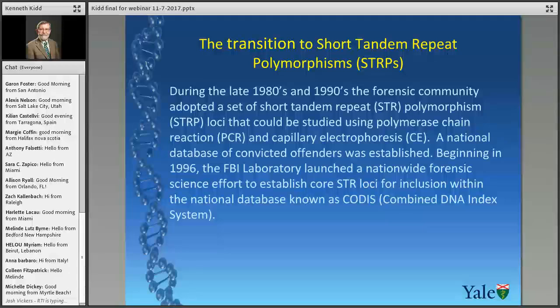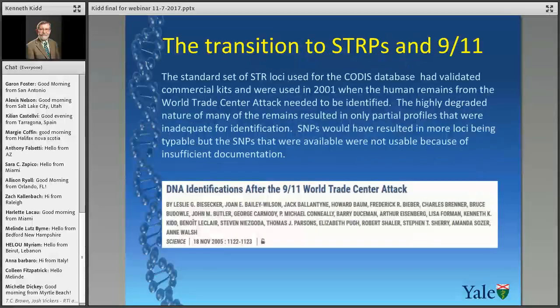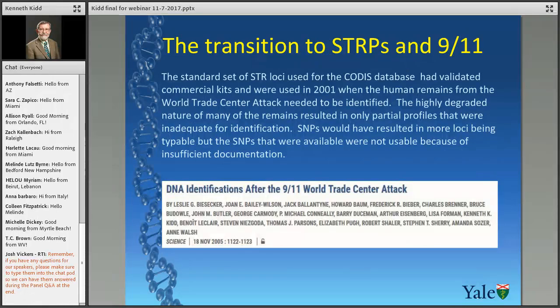Those could be studied using PCR and capillary electrophoresis, and a national database of convicted offenders was established, so that in the late 1990s, there was a standard set of markers that had a clear, defined kit that became commercial kits used during the World Trade Center attack.